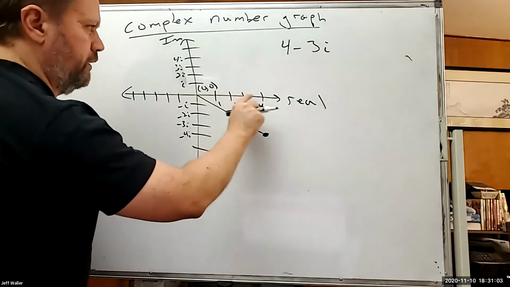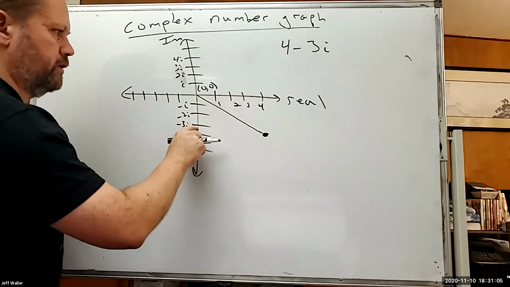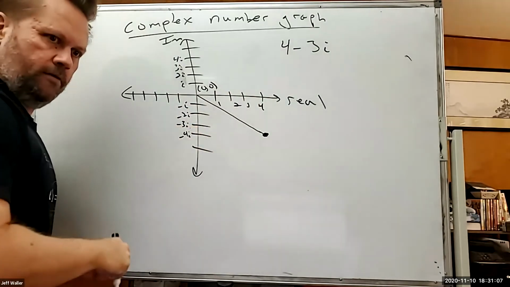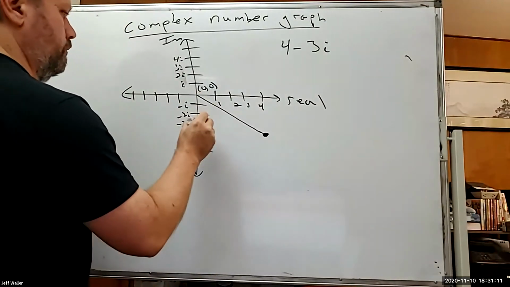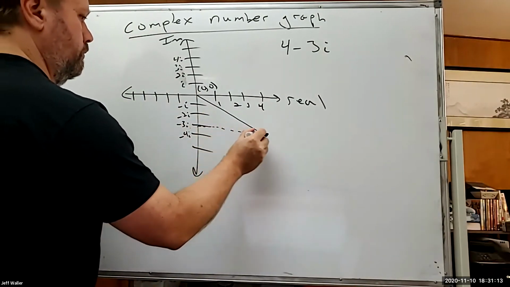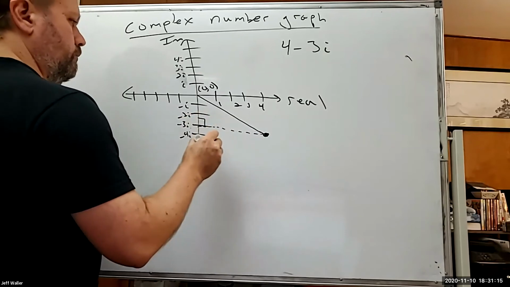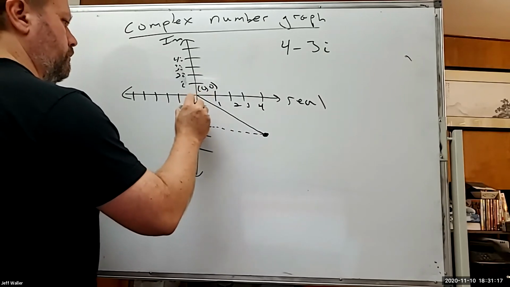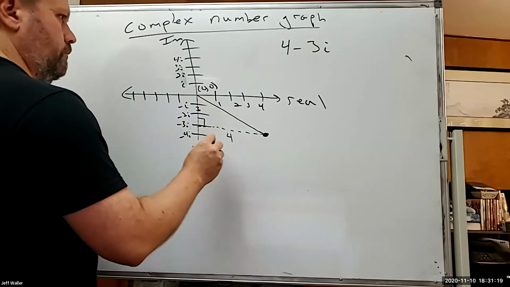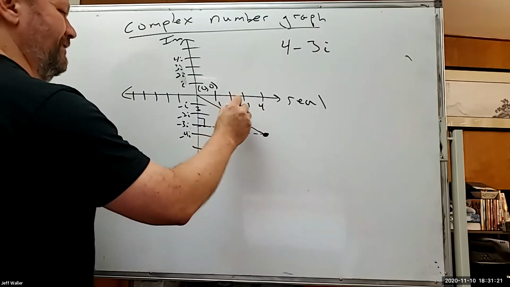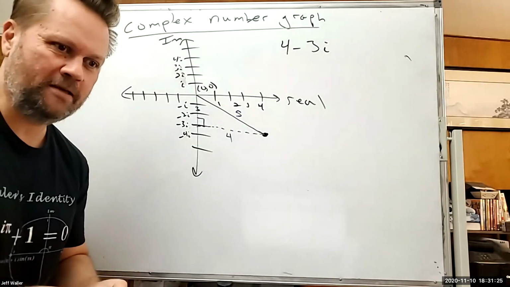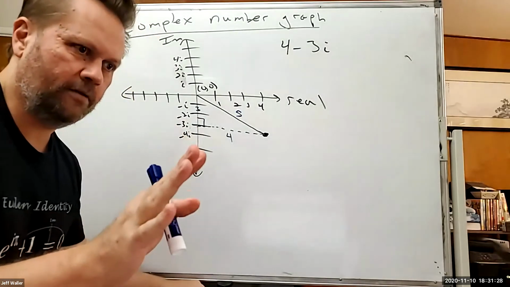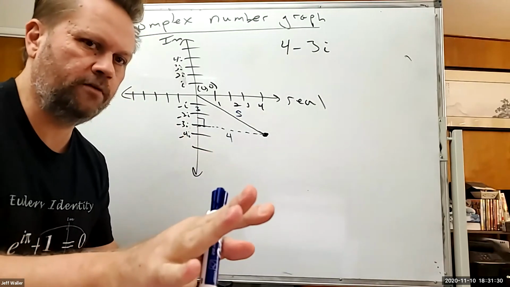So it's 4 units here and it's 3 units on the imaginary, right? Is it 5? Yeah. Right? Are you guys with me? So here we go. Here comes the new stuff.